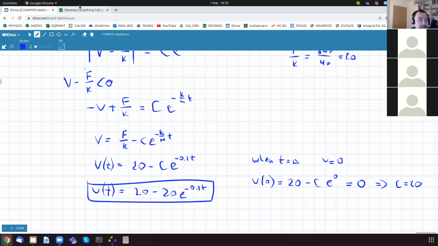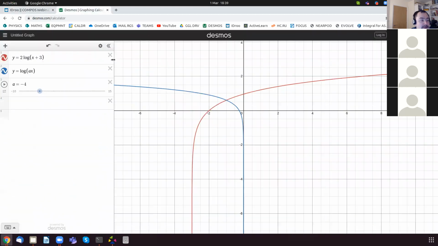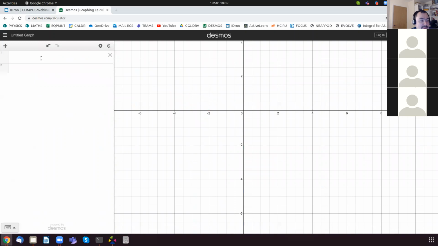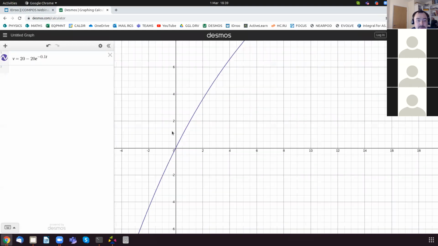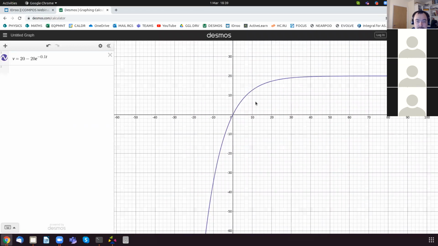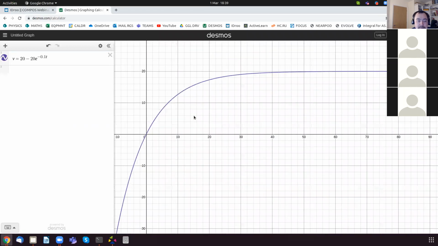This is the function of v, and we can plot that. So let's have a look. v is equal to 20 minus 20 e to the power minus 0.1 t. Very nice.